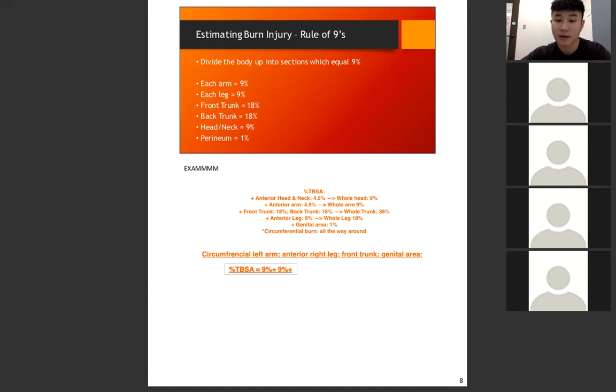And then front trunk is 18% and then genital is 1. And then this is the total percentage of TBSA. All right, this is how we are going to do it. Easy, right? So please don't miss these questions.